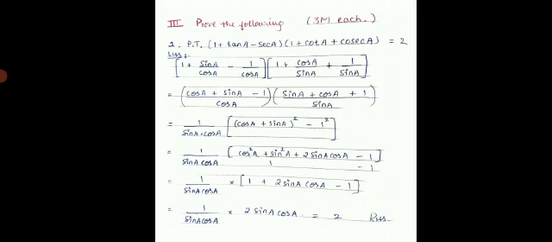Here take LHS, convert tan A in terms of sin A upon cos A. Also sec A can be written as 1 upon cos A, into the second bracket, 1 as it is, plus cos A upon sin A, which is nothing but cot A, plus cosec A can be written as 1 upon sin A.